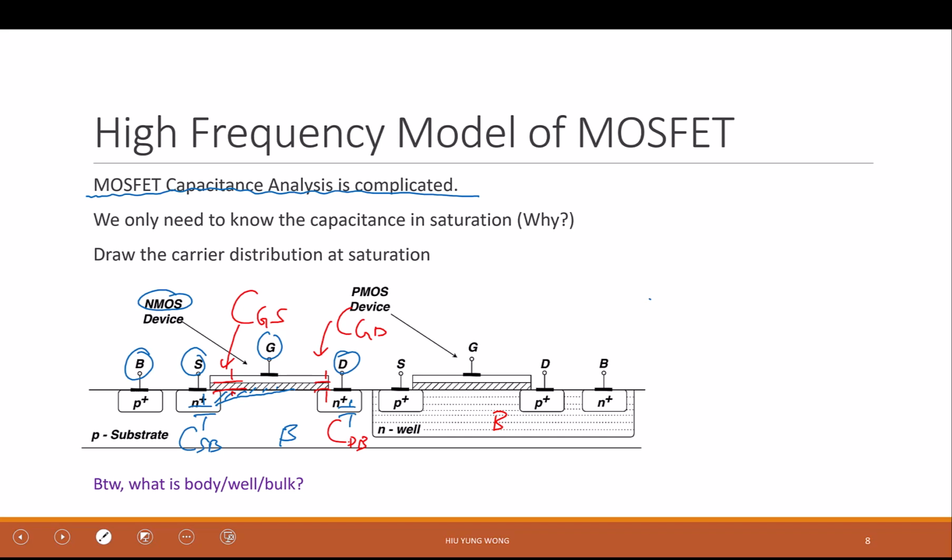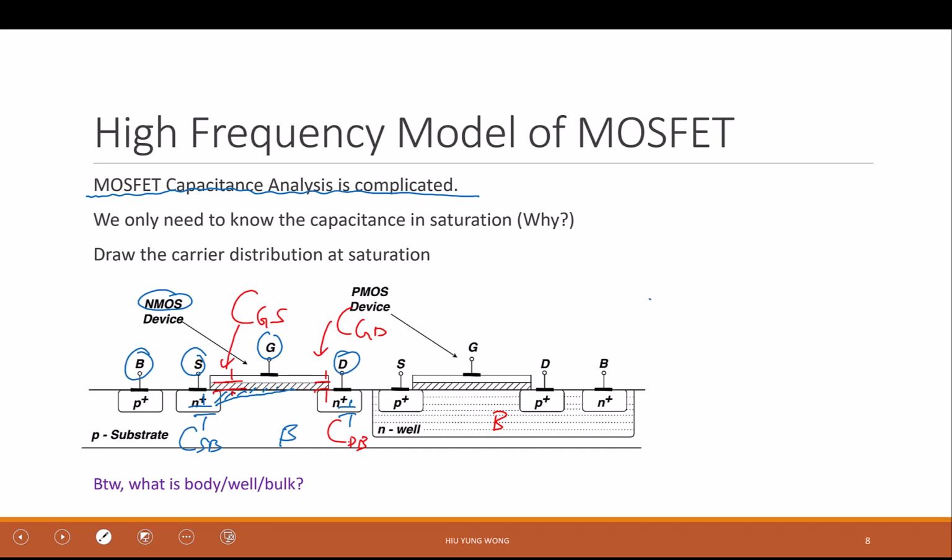You need to solve the Maxwell equations to get the overall response. You can say they are coupled. So in modeling, we look at the situation we work on, for example saturation, where there is a clear separation between the drain and the channel. Then we model in this way, and it can predict the result. But for those boundary cases you are talking about, it is not that meaningful. Sometimes the model may break down. Not everything can be modeled completely by an RC network. Otherwise, we wouldn't need Maxwell equations. So that is a good question.